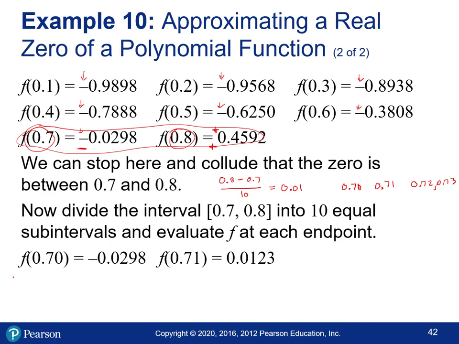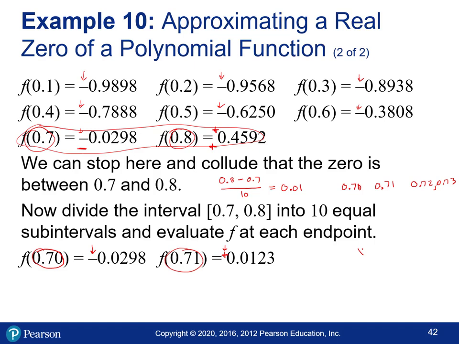And so if you check your endpoints of all those new subintervals, we don't have to look too far because pretty quickly we have that at 0.70, this is negative, but the very next number, when we plug in 0.71, this is positive. So that means there is a 0 in between these two numbers.